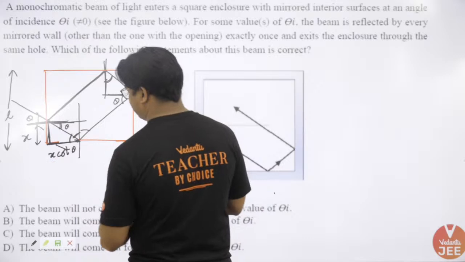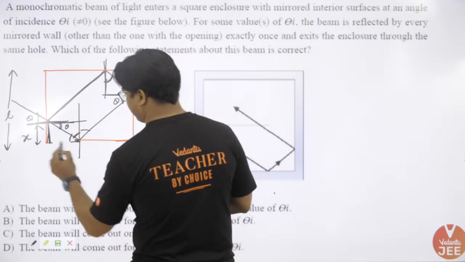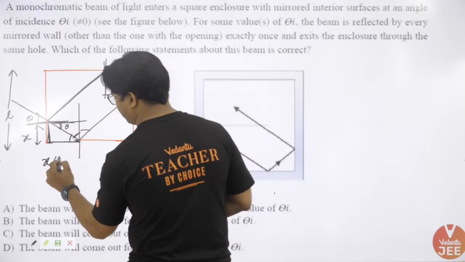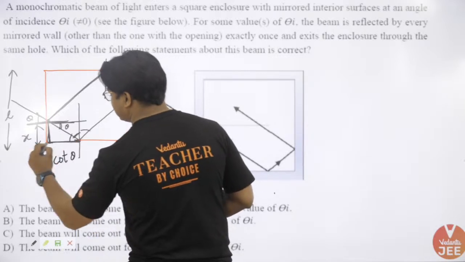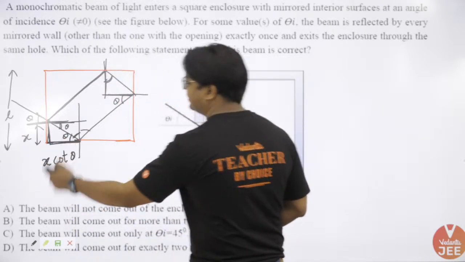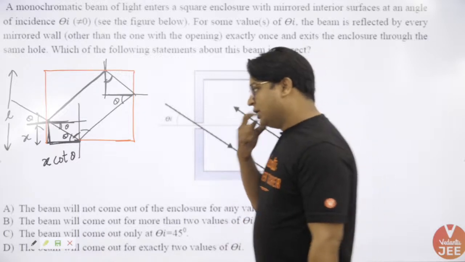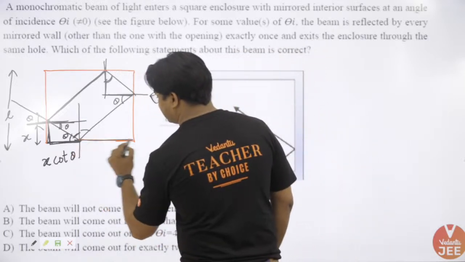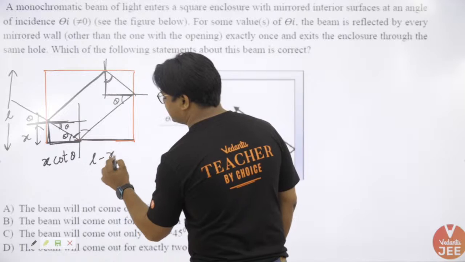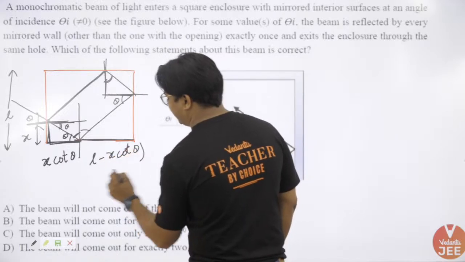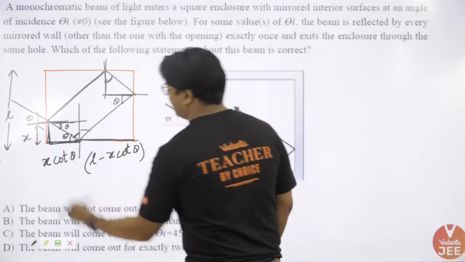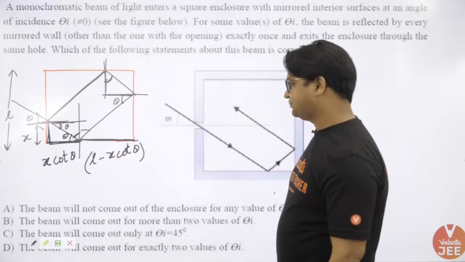This length will become x cot theta. This angle is theta, so tan theta will give us x by x cot theta. So this length now becomes L minus x cot theta.